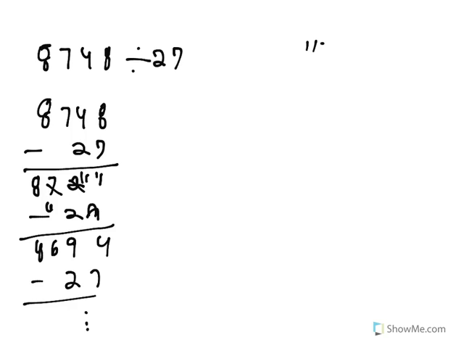And the number of times I subtracted away 27 would be the number of times that 27 goes into 8,748. Well, that method's not practical, considering the answer is 324. I'd have to do 324 subtractions.